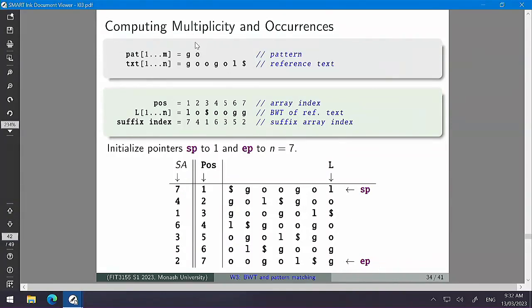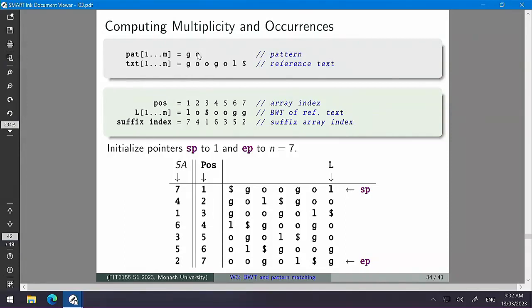The character that we have to look at is O. What is the rank of O? It's 5, isn't it? I've not put the rank table here, but from the previous slides we know that the rank of O is 5.